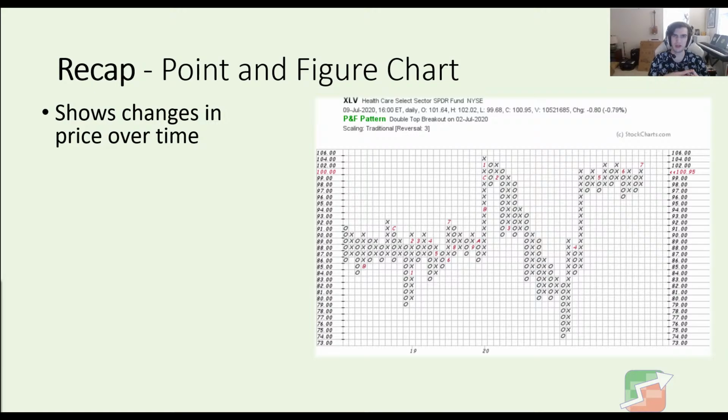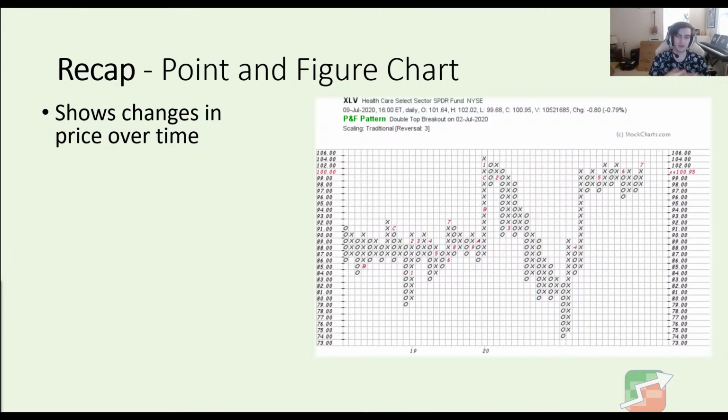Here we're not looking at each point being a day. Each box isn't 1 day. We're instead looking at price changes over time. So we don't care if the price of a stock didn't change for a week, it just stayed at, say, $100. We care when it goes from $100 to somewhere, whether it goes up or down.